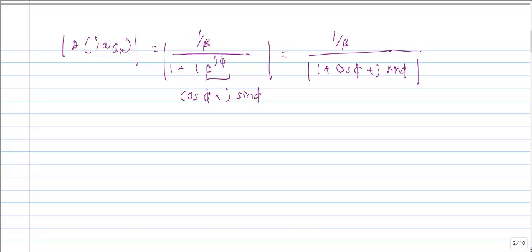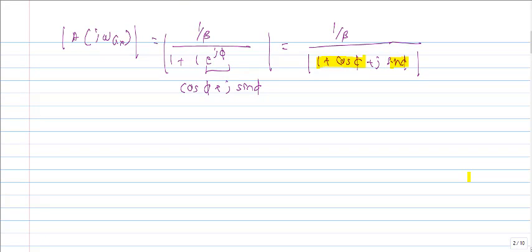Now what I have here is two terms. One is the real part and the second one is the imaginary part. So this could be rewritten as 1 upon beta divided by the square root of real part squared plus the imaginary part squared, correct? And we know this expansion, right? (a plus b) the whole square.